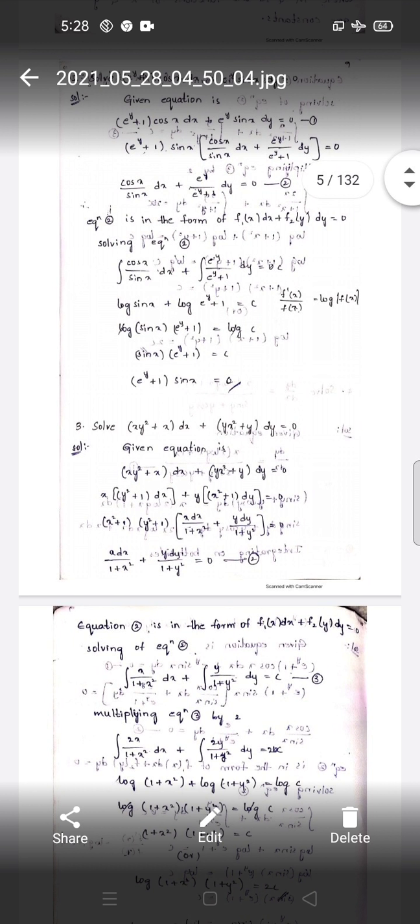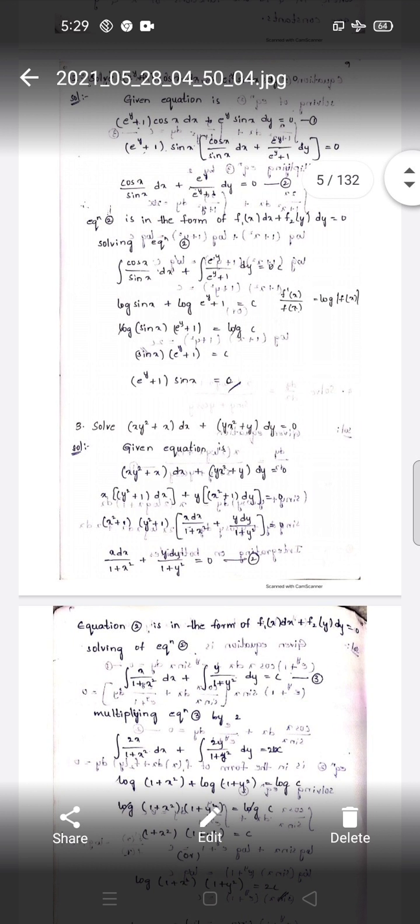Taking x common from the first term and y common from the second, x(y square plus 1) dx plus y(x square plus 1) dy is equal to 0.